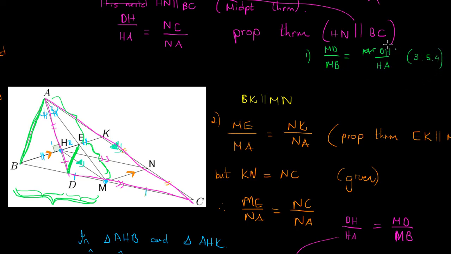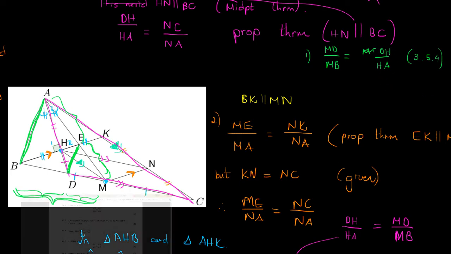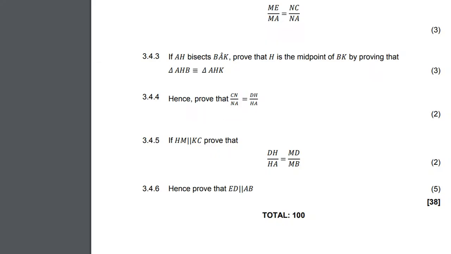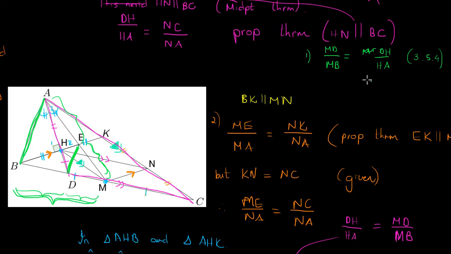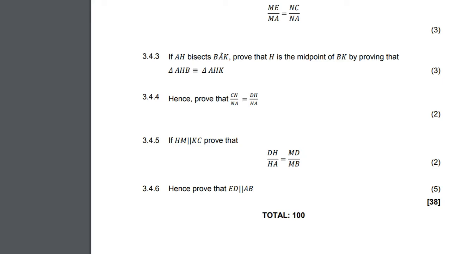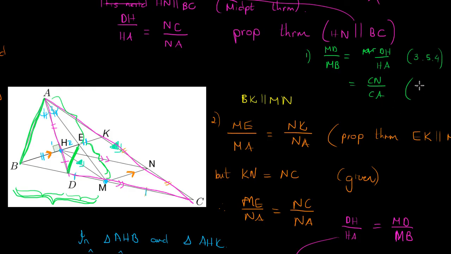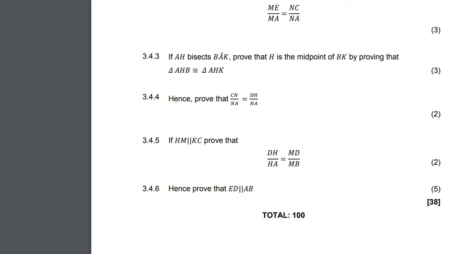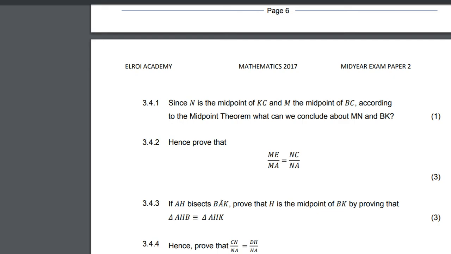3.5.4. Okay, but then DH over AH is equal to CN over NA. Okay, but that is equal to CN over CA. That comes from question 3.4.4. And then, but CN over NA is equal to ME over MA.